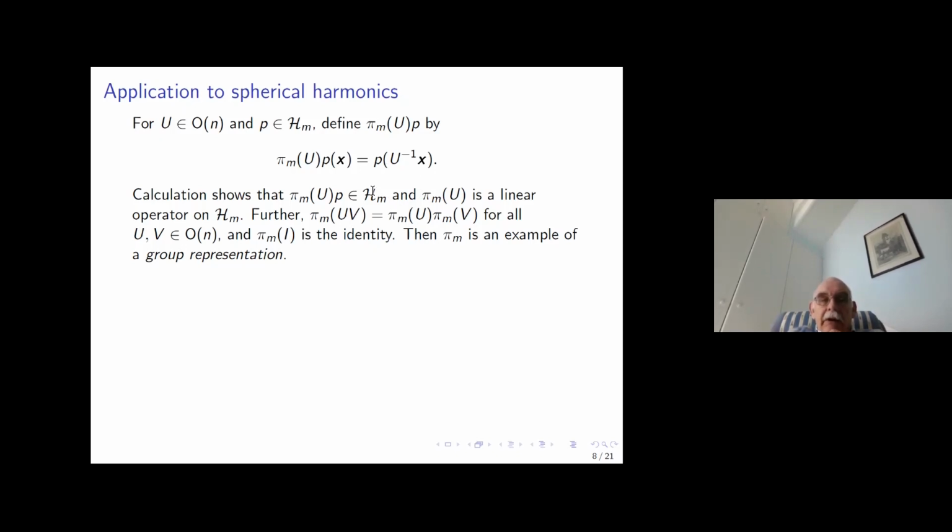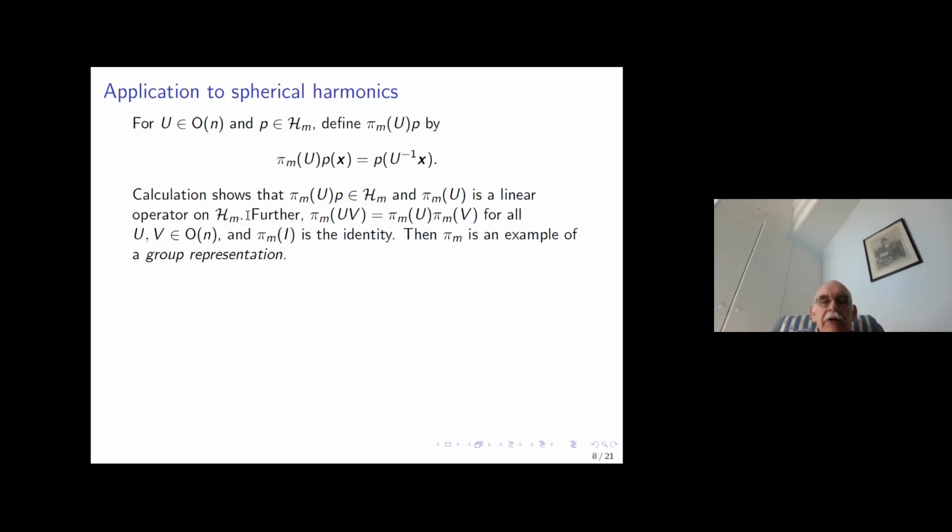So that tells me that I have a linear mapping that's acting on the space Hm of harmonic homogeneous polynomials.